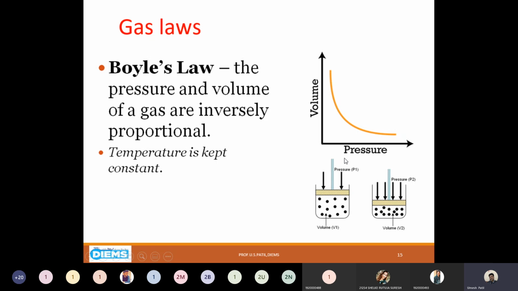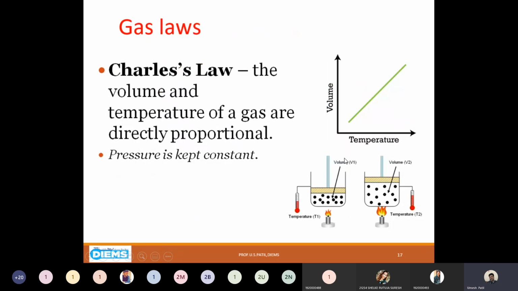Now let's move to the next law, that is Charles' law. When we discuss the fundamental properties, pressure, volume and temperature, we get a relation between pressure and volume from Boyle's law.